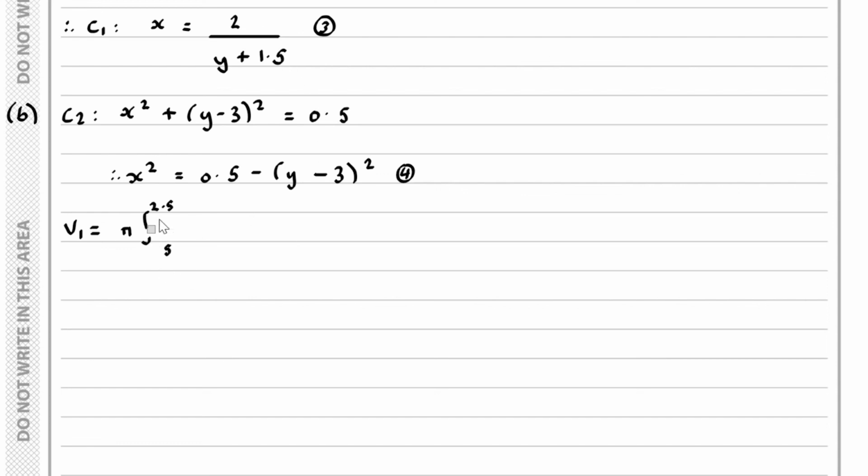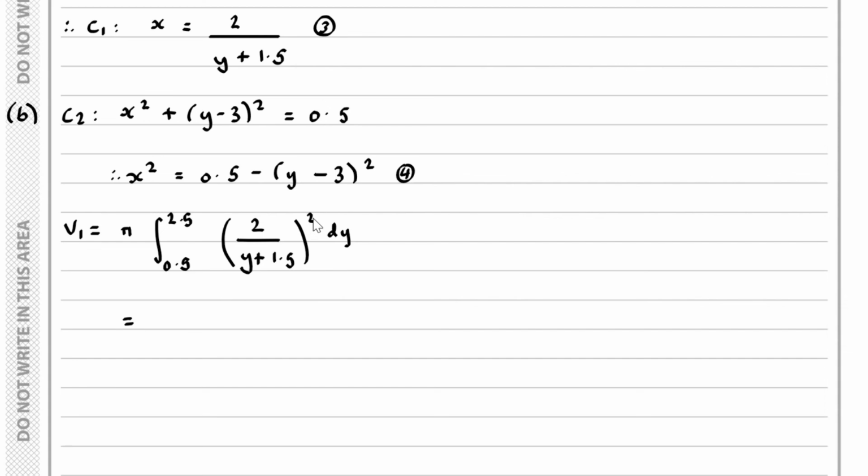So let's write it out in full. We've got here the integral from 0.5 to 2.5 of x squared, so here we're going to have (2 over y plus 1.5) squared dy.